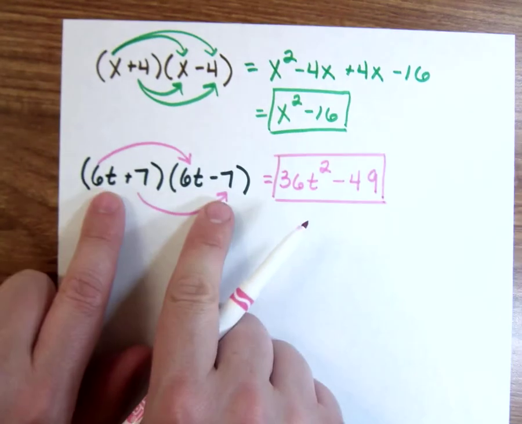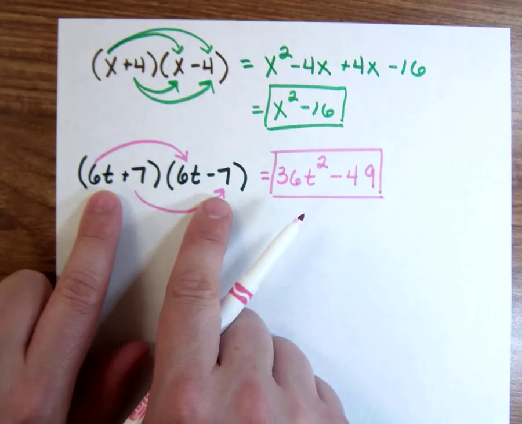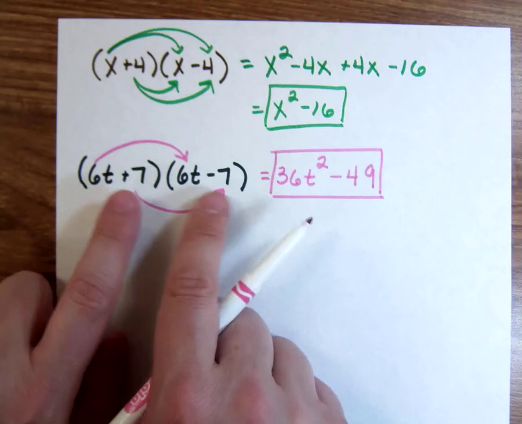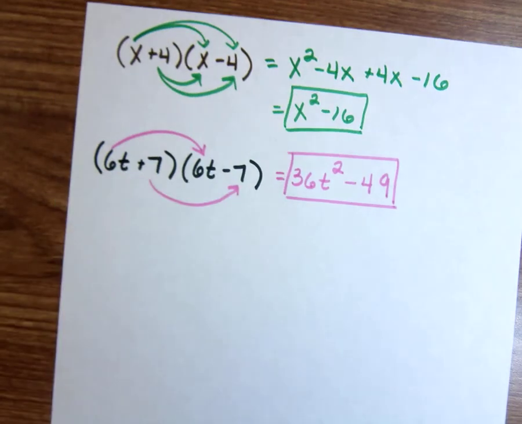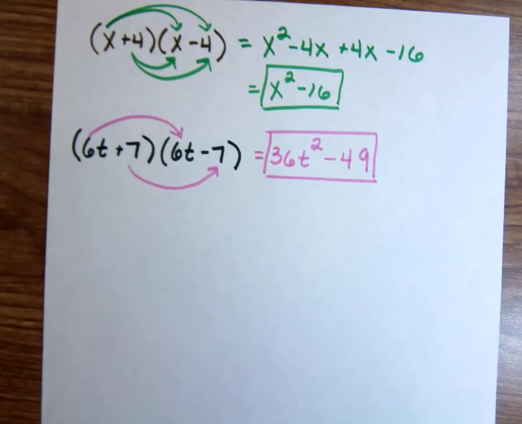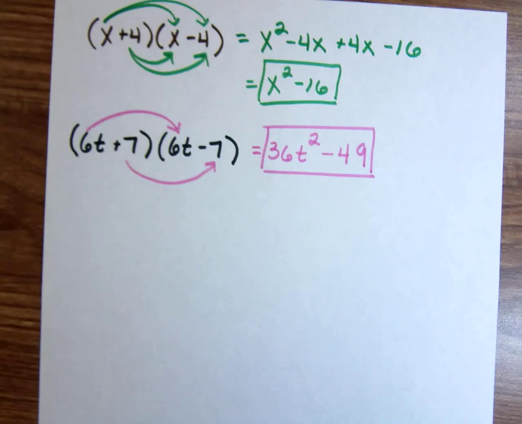Do it yourself. 6t times negative 7, 6t times positive 7. That's going to be a negative 42t and a positive 42t. They are definitely going to cancel out. I'm not doing that. I'm just going to do the shortcut. They have to be exactly the same, only negative and positive.